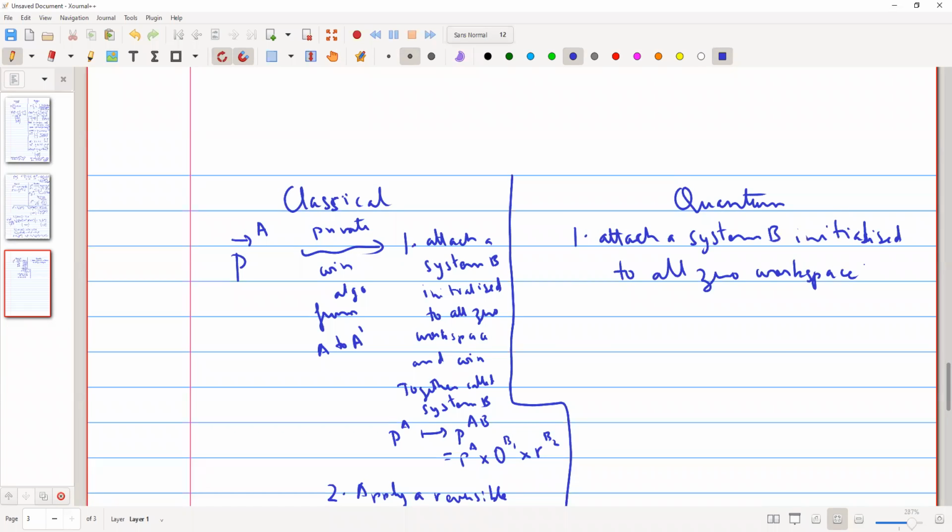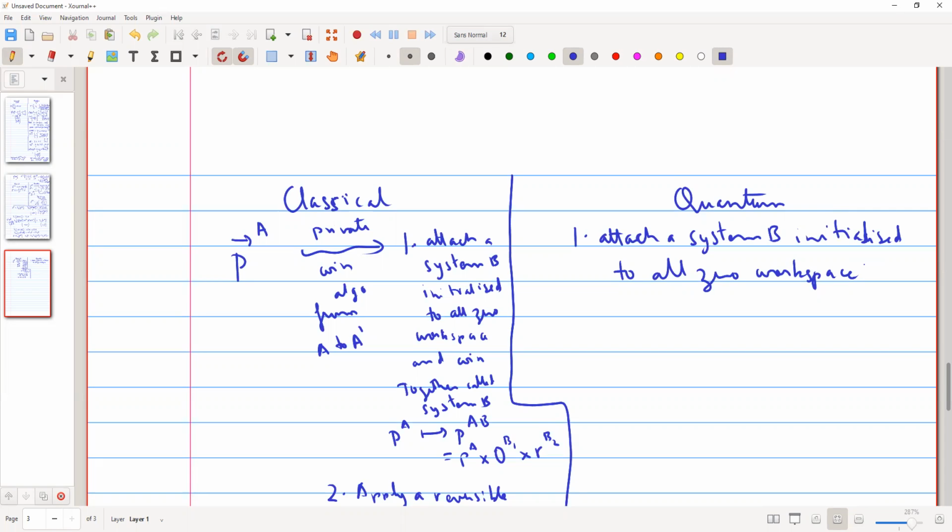Now you say, oh, and then the coin together with the all zero workspace, together call system B, and I'll put a probability distribution in the coin. But in quantum, as will become clear very soon, there are additional powers elsewhere. So I don't need to divide my new system B into B1 and B2, where B1 is all zero workspace and B2 is the private coin.